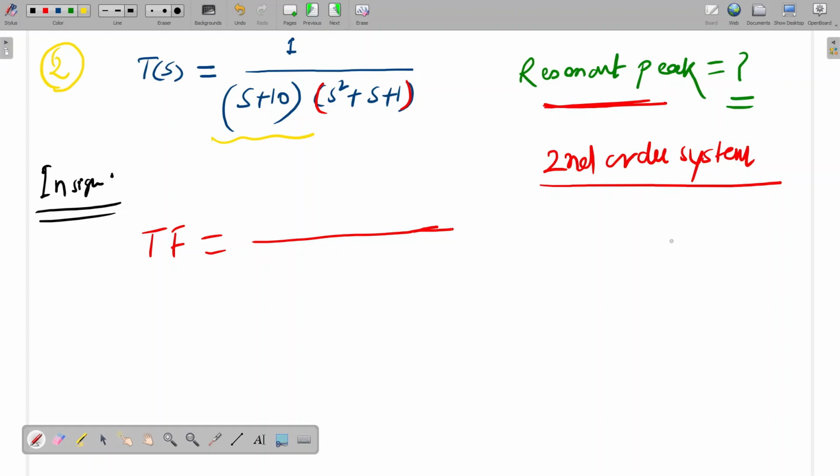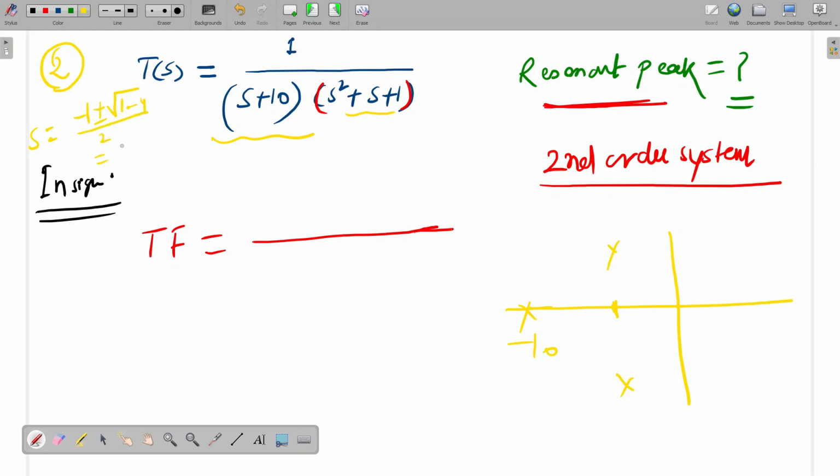So we'll draw the locus kind of thing. So this is minus 10. And what will be the pole for this one? Minus 1 plus minus some complex will be there. No, not minus 1. What is the pole for this one? So s is equal to minus b plus minus root of b square minus 4ac, divided by 2.